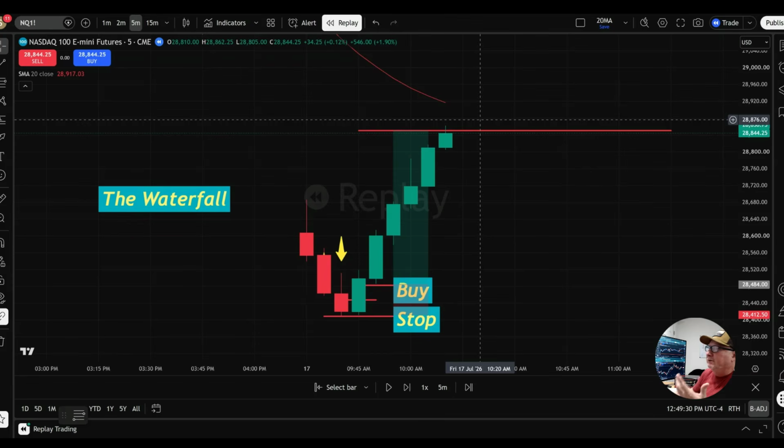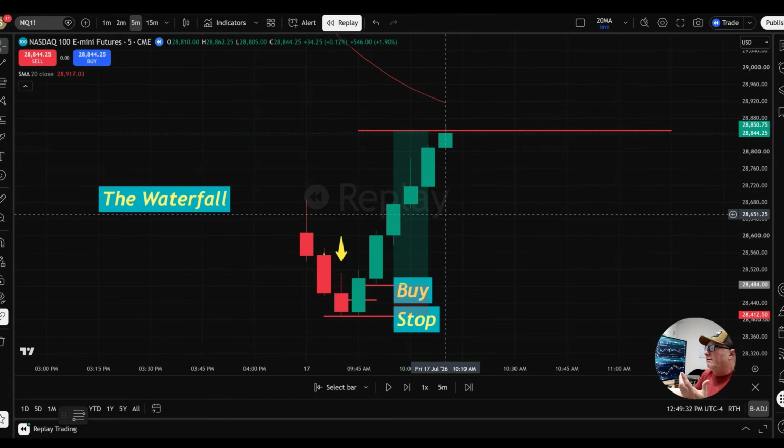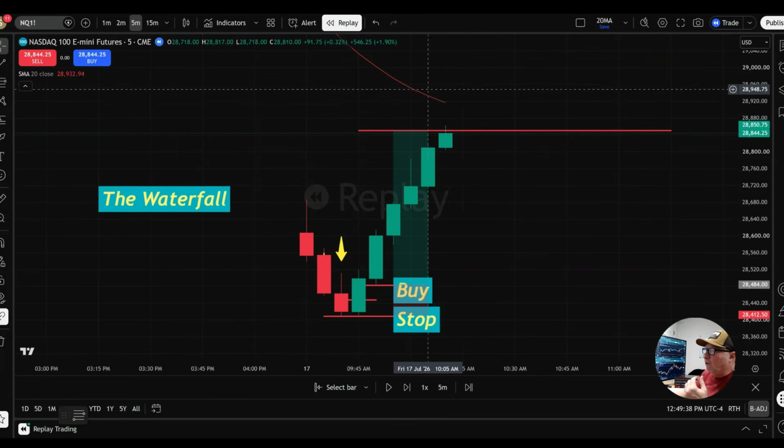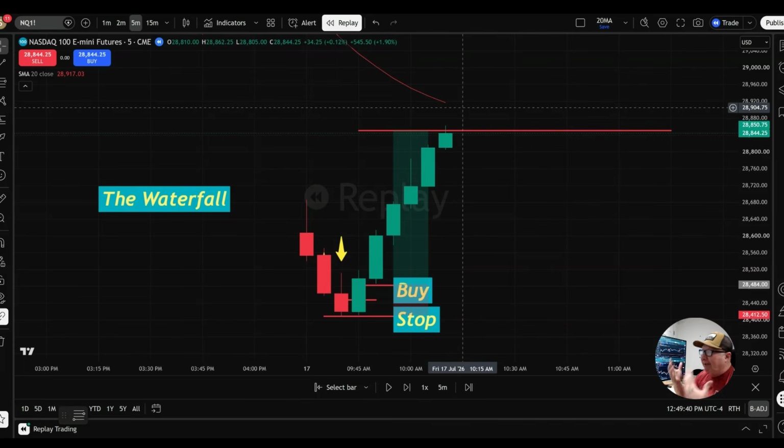And again, that's because the move was so rapid. But that's what I'm looking for, to get to about where the 20 simple moving average is on the 5-minute chart, and where I think it will be when the stock or futures catches up off of a bounce. That's it. That's the whole waterfall trade.